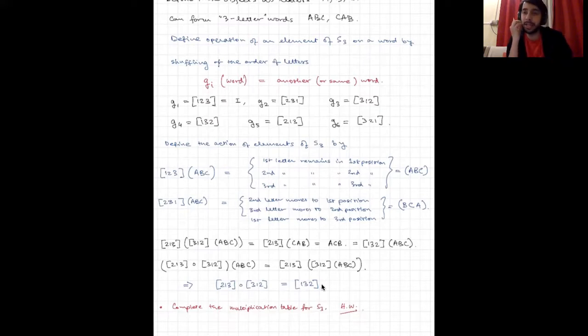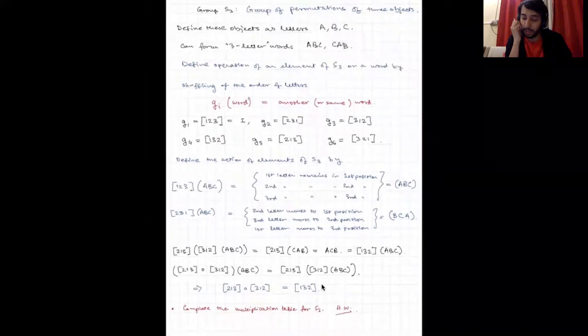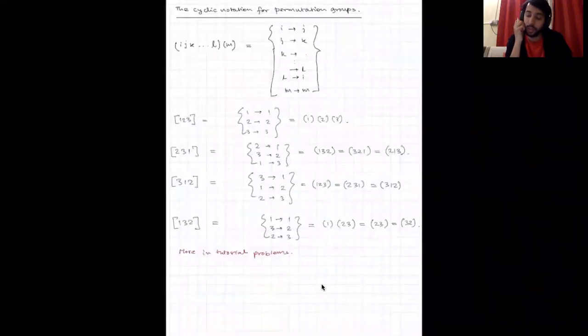The second thing that I was discussing in the video that I just put up is the cyclic notation for permutation groups. This is what we have used when we looked at the representations of this group S3.